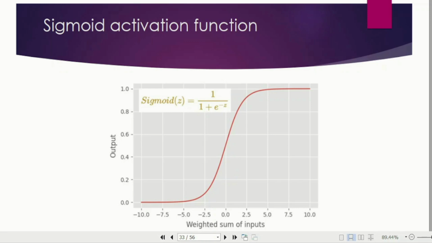Moving forward to the drawbacks of the sigmoid: we don't usually use the sigmoid function in the hidden layers because of the following problems. It has the vanishing gradient problem, which is known as the saturation of the gradients. The sigmoid function has slow convergence as well, and its outputs are not zero-centered.